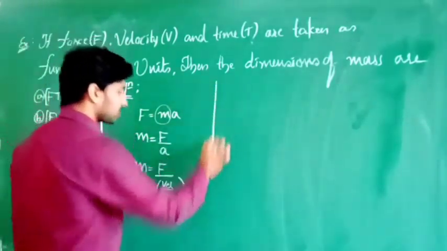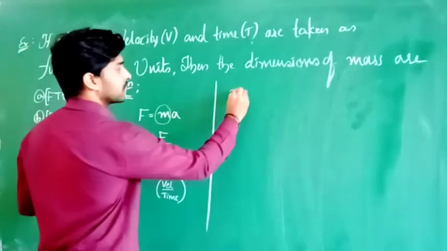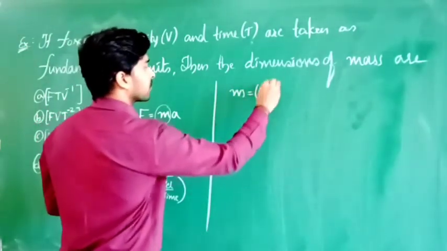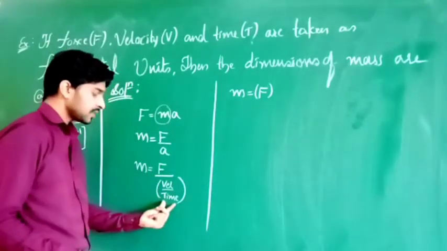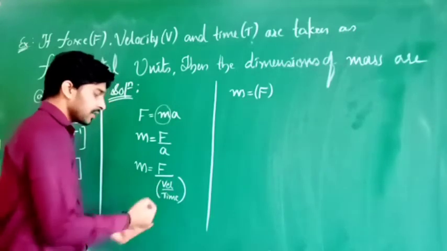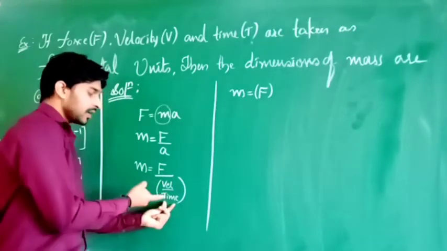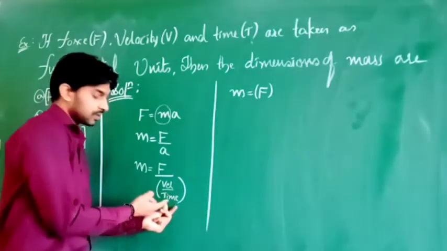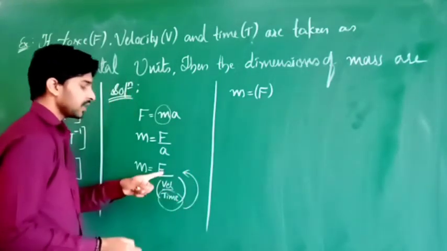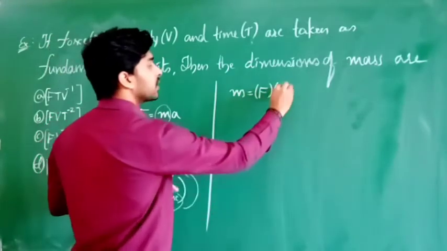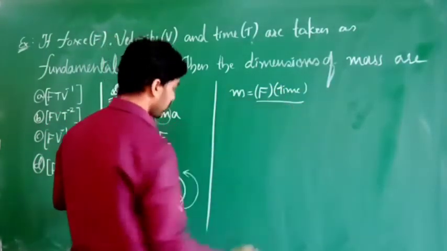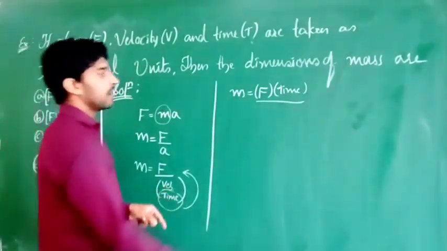So next, m is equal to F into, listen, this time is in the denominator, and here also in the denominator, that means this time is in the denominator of the denominator. So this time will go to the numerator. F into time, whole divided by what is remaining here, velocity.